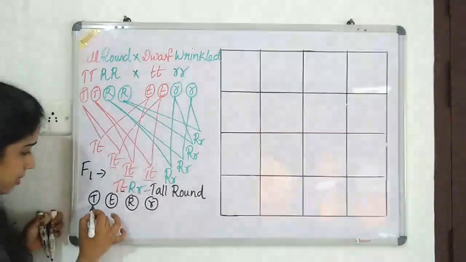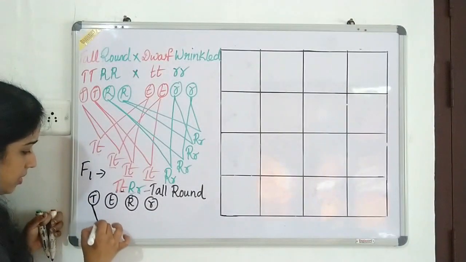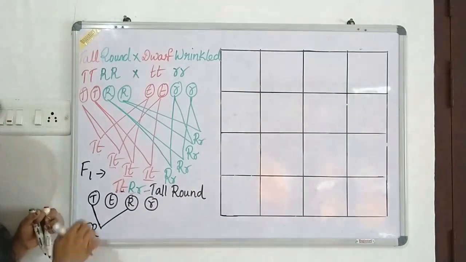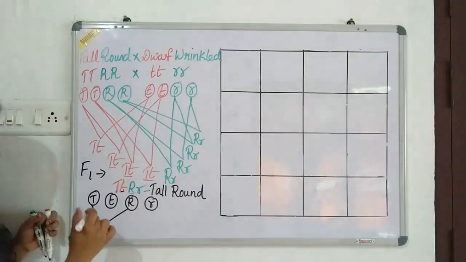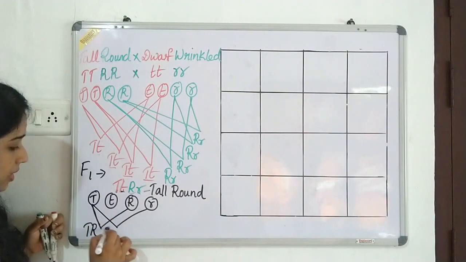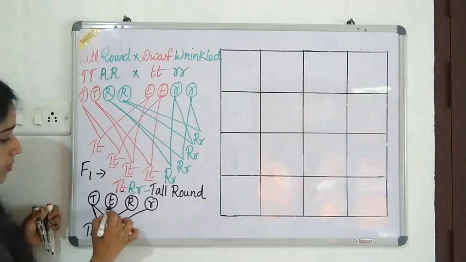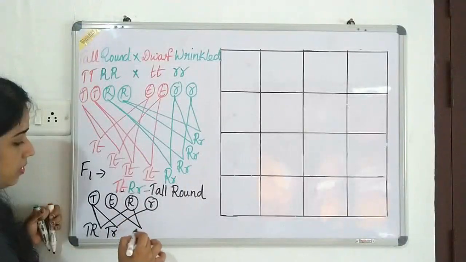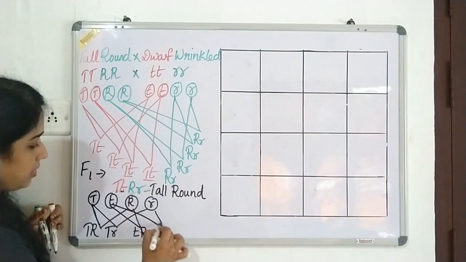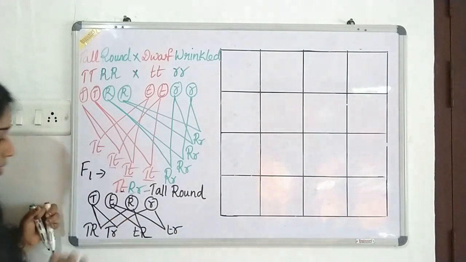Then we can combine this T with this R. Observe carefully. Capital T, capital R. Then again combine this T with the small r. Capital T, small r. Then small t, capital R. Then this small t, small r.